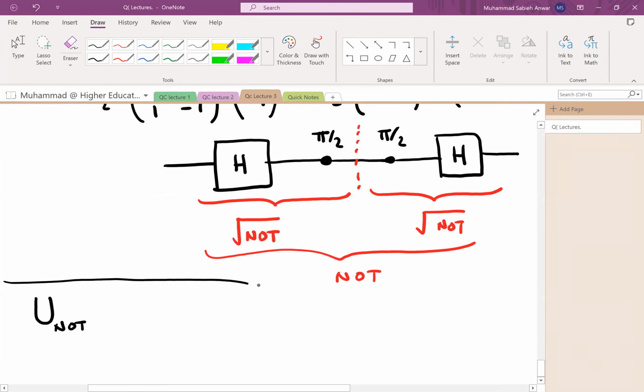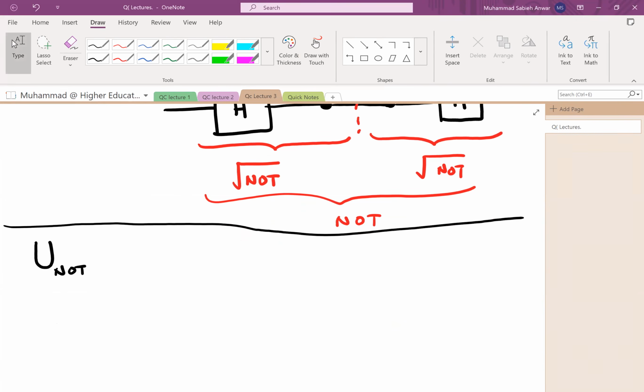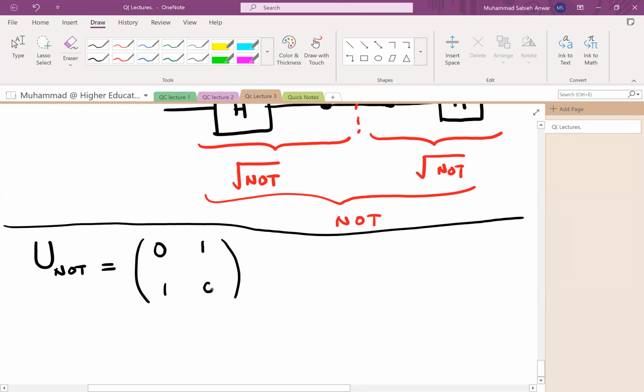Can anyone tell me what the matrix is going to look like? 0, 1, 1, 0. So the truth table of a quantum Naught gate is that it takes ket 0 and converts it to ket 1, and it takes ket 1 and converts it to ket 0.